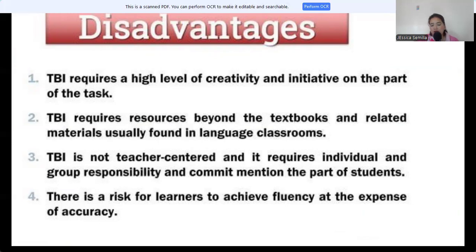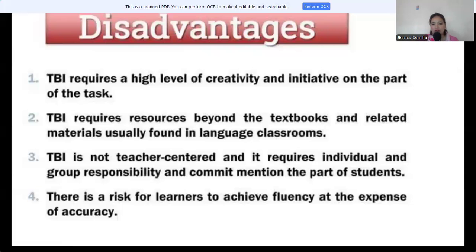So here, the core is that the teacher should be knowledgeable, flexible, and creative in creating tasks that are related to the language focus. TBI is not teacher-centered, and it requires individual and group responsibility and commitment on the part of the students. So if there is a problem with the behavior of the students, it's really hard to do task-based instruction if they are not really goal-driven.